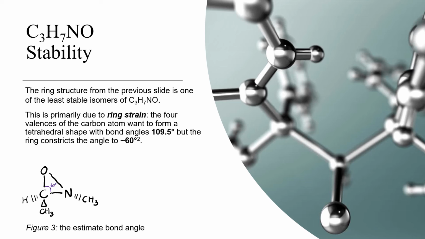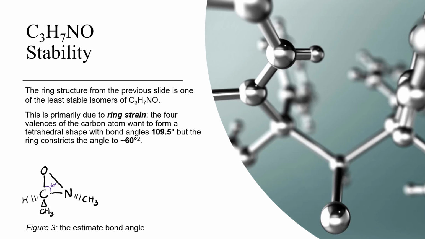Being an equilateral triangle, it will have a roughly 60-degree angle. And this can be said for nitrogen and oxygen as well. Of course, nitrogen looks to find a 107-degree angle and has a 60-degree angle too, and oxygen is looking for a 104.5-degree angle and also has a 60-degree angle.